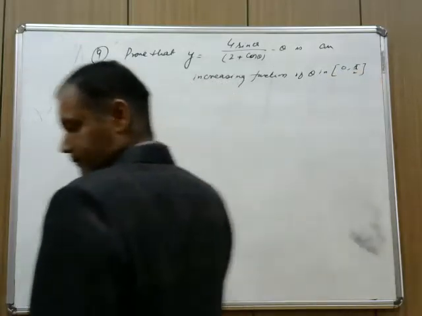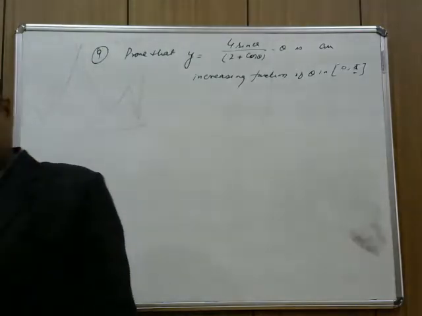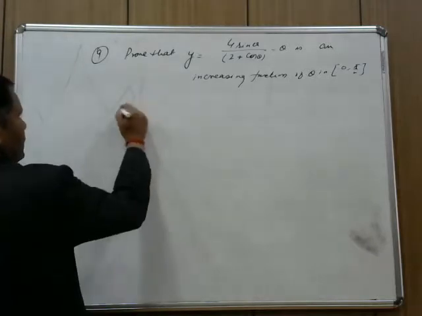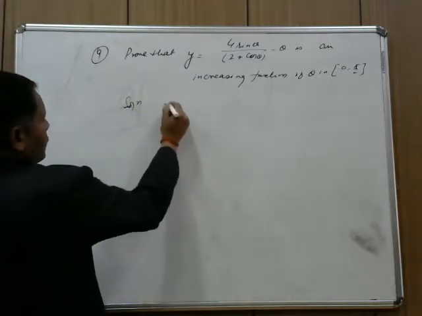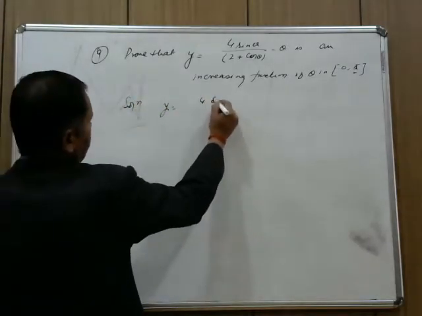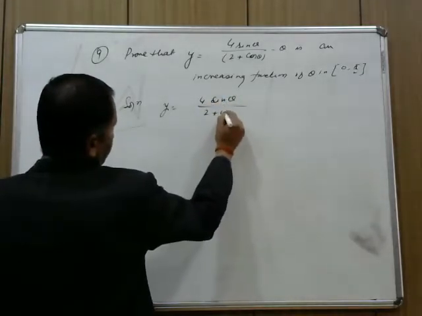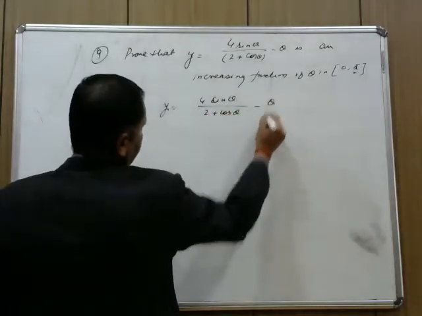This is the question. Now we have y is equal to 4 sin theta upon 2 plus cos theta minus theta.